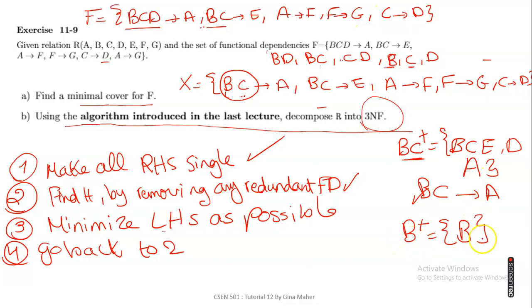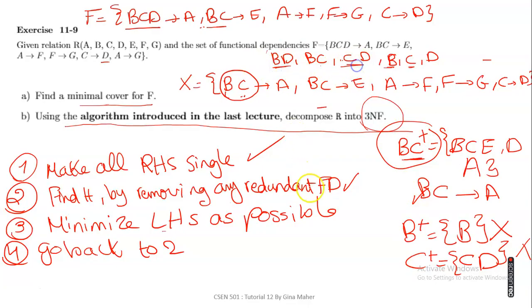So from B, we cannot deduce that it implies A, so this one is not applicable. C closure: C implies D, and nothing else can be added, so this one is not applicable. So the only one that can be added is BC. We should repeat the same steps for BD and CD.